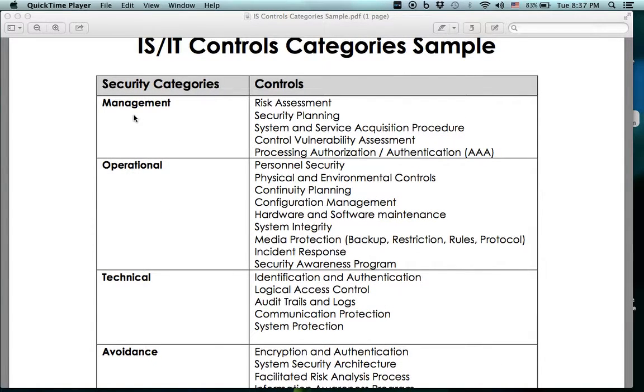Okay, let's discuss control number 1, management control. If we talk about the management control, we focus on the overseeing and oversight on risk assessment and security planning.